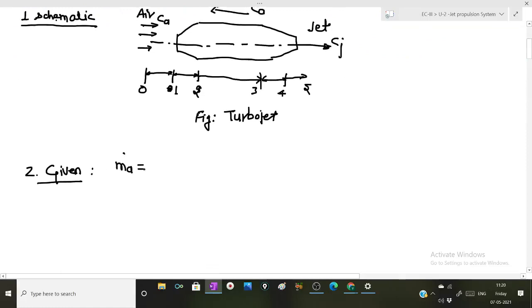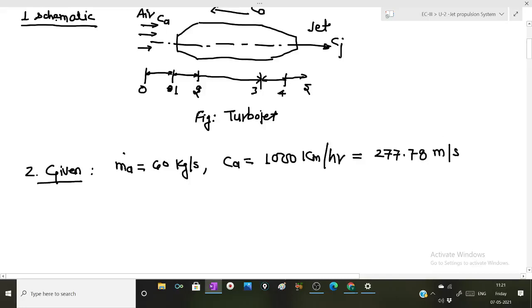M dot A is given as 60 kg per second. Vehicle velocity CA is given as 1000 kilometer per hour. If we convert this into meter per second, this will be 277.78 meter per second. Then jet velocity is also given 651 meter per second.